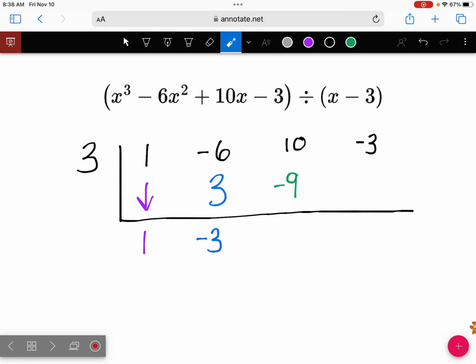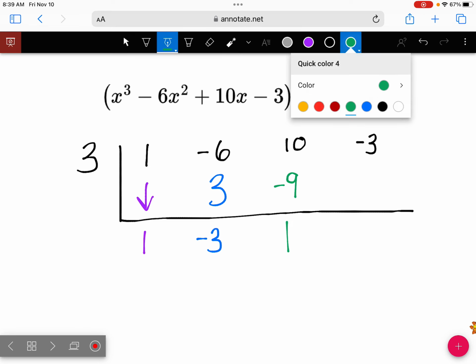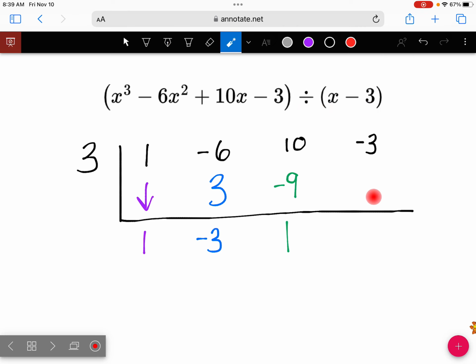This was our blue negative 3 times our black 3 going here. So what goes down here? 1. So what goes here? 3. And what's our remainder? 0. This last term is always our remainder.